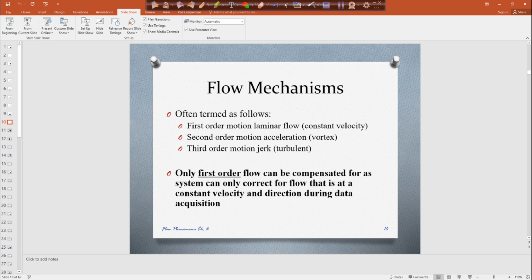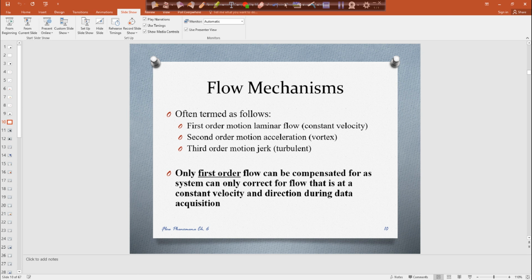Okay? So we have alternate terms to describe these different types of flow. Laminar or parabolic flow is often called first order motion because it's at a constant velocity.